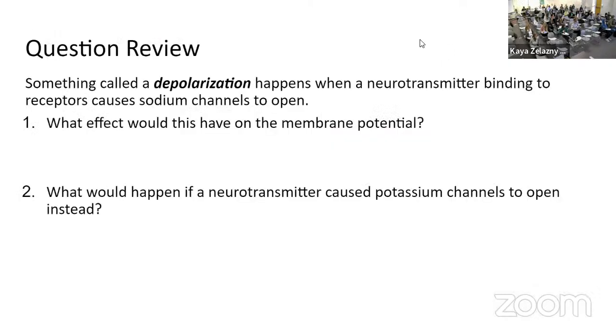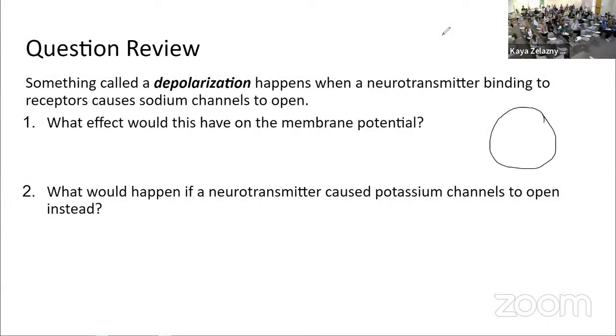So I had these question slides up part way through last time, and I said we'd go over them briefly. This is directly linked to that question just now, right? If we have a depolarization, part of how this happens is that we have a cell. It has channels on it. We can open and close these channels. One of the ways is by binding on neurotransmitters, our signaling molecules.